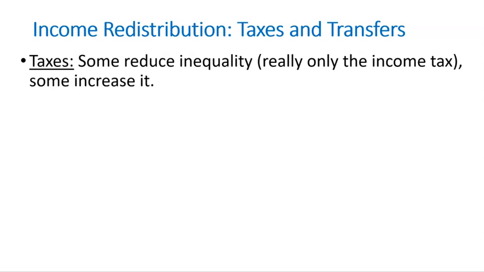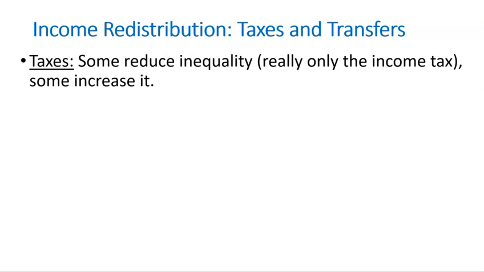When you consider all of the other taxes taken together, economists think they tend to be roughly proportional to income. So they don't really do very much to redistribute income.